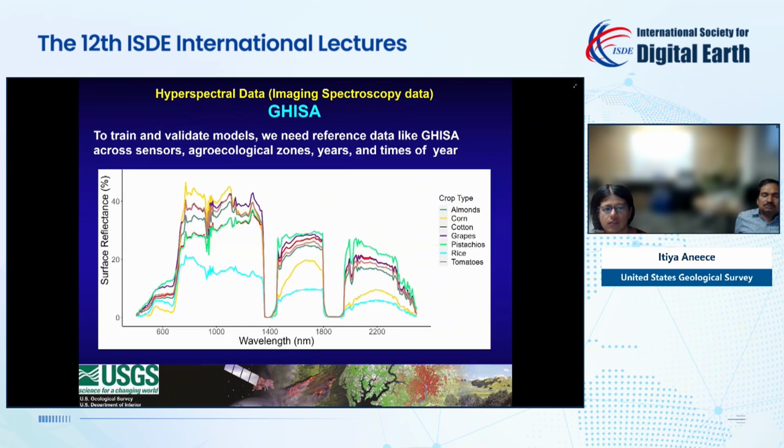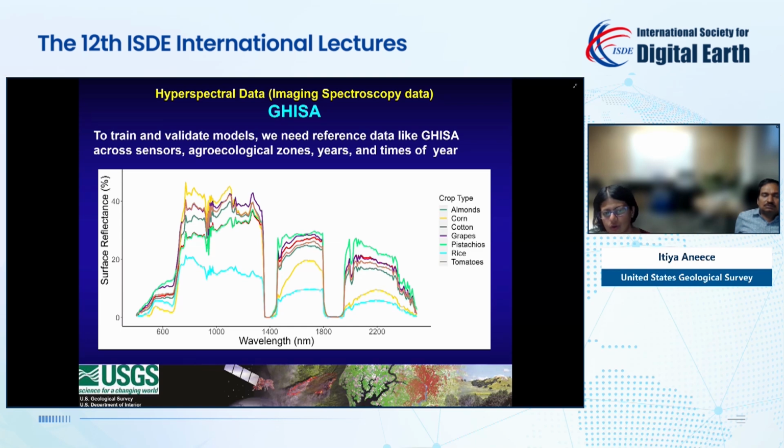But to use various models to do those applications, as Partha mentioned, we need to get training and validation data. So we are now compiling a global spectral library, GISA, for doing this very thing. So we want to incorporate hyperspectral data from multiple sensors, agroecological zones, so basically precipitation and temperature regimes, different growing conditions, different years and times of year.